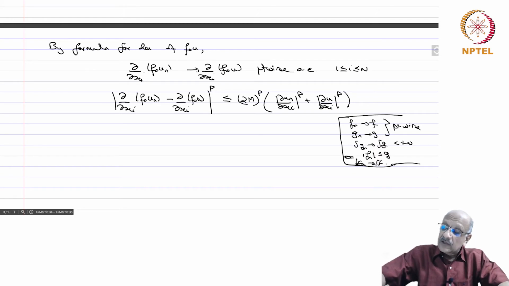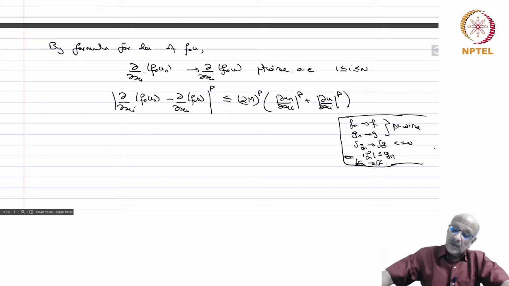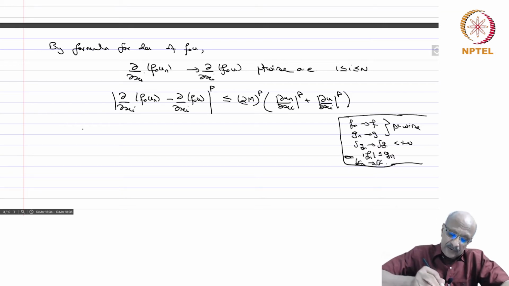Okay, this is the generalized dominated convergence theorem, where instead of being dominated by a fixed function, you have f_n less than g_n, a sequence whose integrals converge. Now all that applies here.